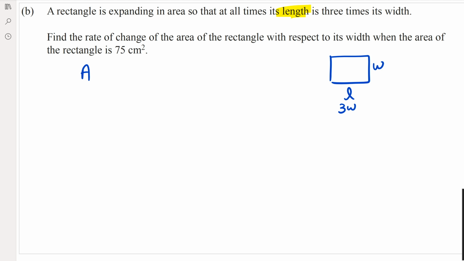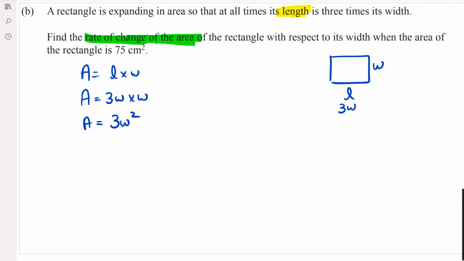So that's the first thing we need to do, just eliminate one of the variables. Because we know that the area of a rectangle is length times width, or base times height, however you want to do it. In this case, the length is equal to 3W, multiplied by another W. So the area equation is going to equal 3W squared. But the question is asking, find the rate of change of the area of the rectangle with respect to its width.